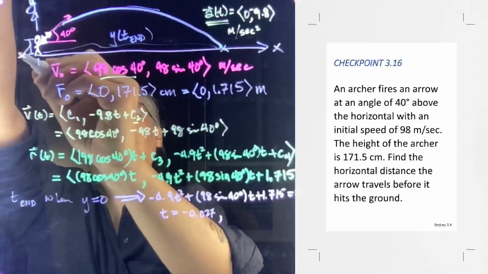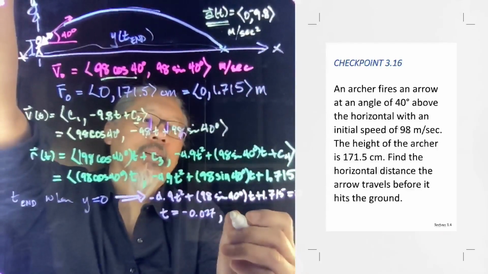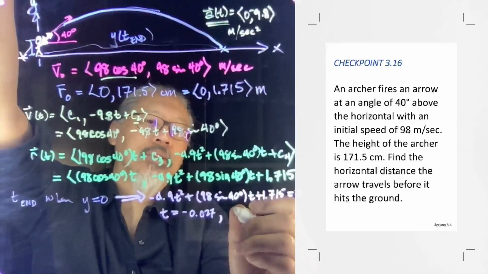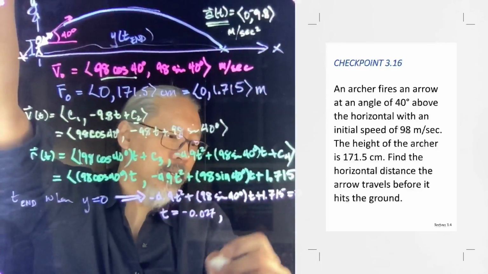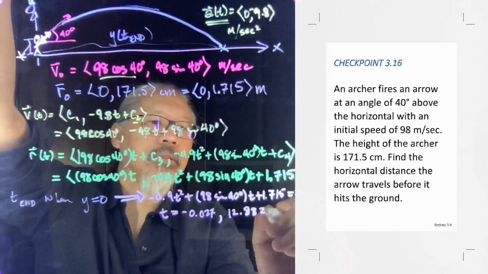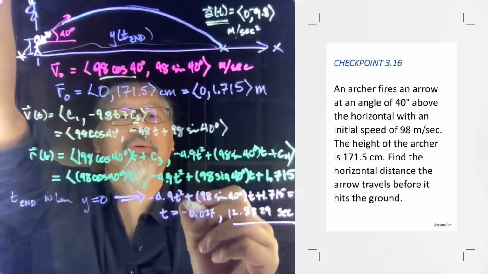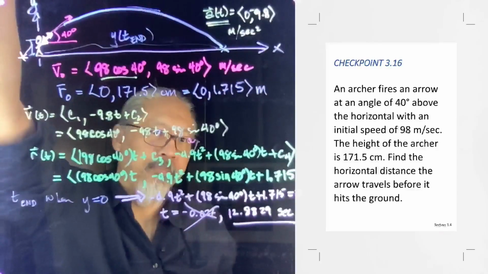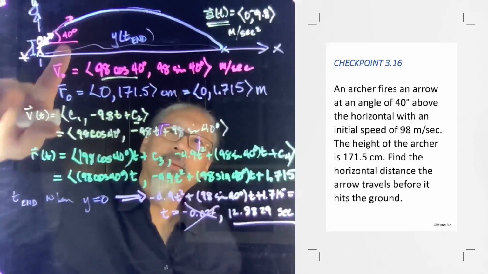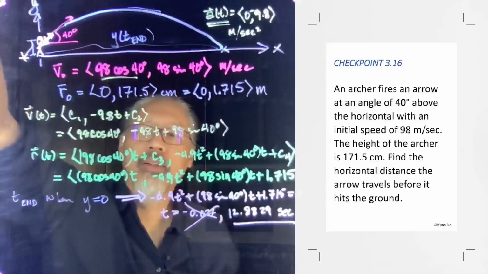That's this point over here, the time on the negative side. But the answer that we're looking for is 12.8829, and this is the time in seconds. That's the time the arrow is going to take in the air until it lands.